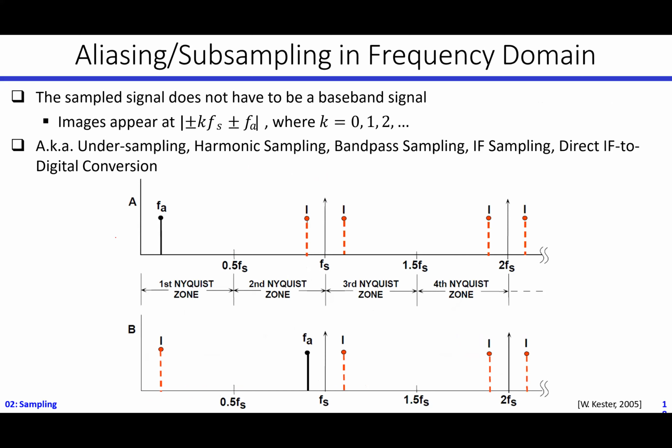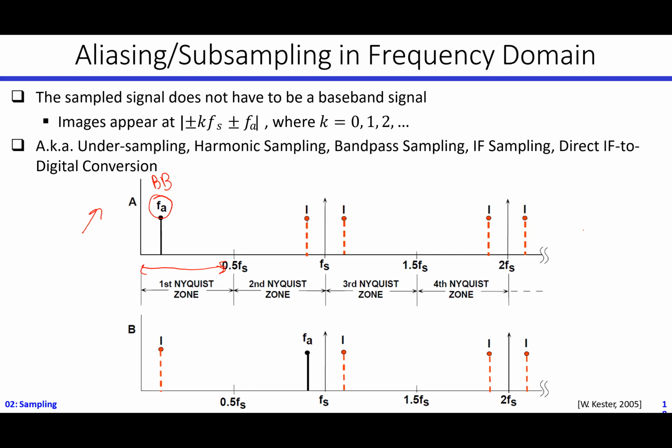Let's say this is the first case, where my original signal at FA is a baseband signal, at low frequency in the first Nyquist zone, less than half of Fs. Once I sample it, I will have copies at all these red dashed lines, and everything is fine here.